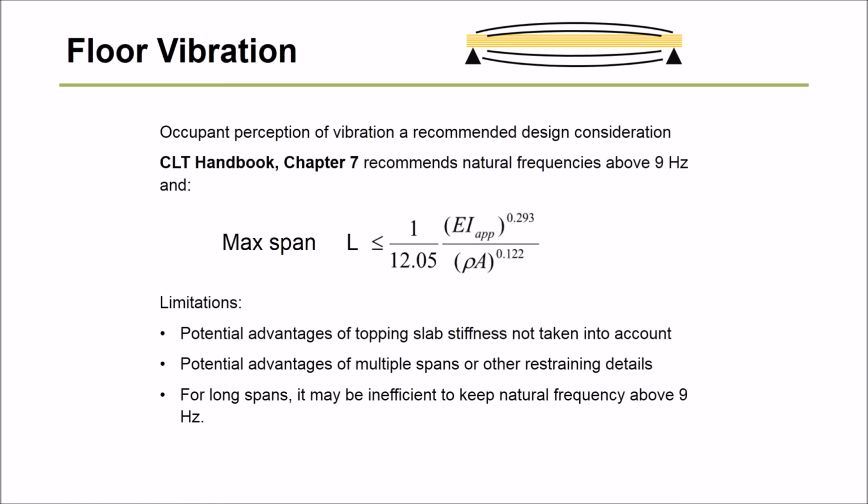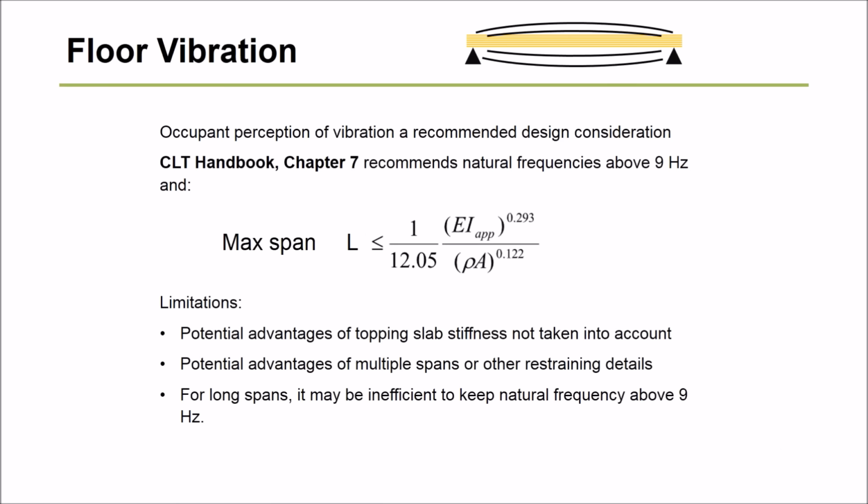Some disadvantages of this approach is that it doesn't take advantage of other stiffening effects. If you have a non-structural topping slab, that topping slab actually stiffens up the floor system, and because floor vibration is not a code minimum load requirement, it's really a performance criteria observed by the occupants, you can in some cases take advantage of that topping slab to stiffen up the system.